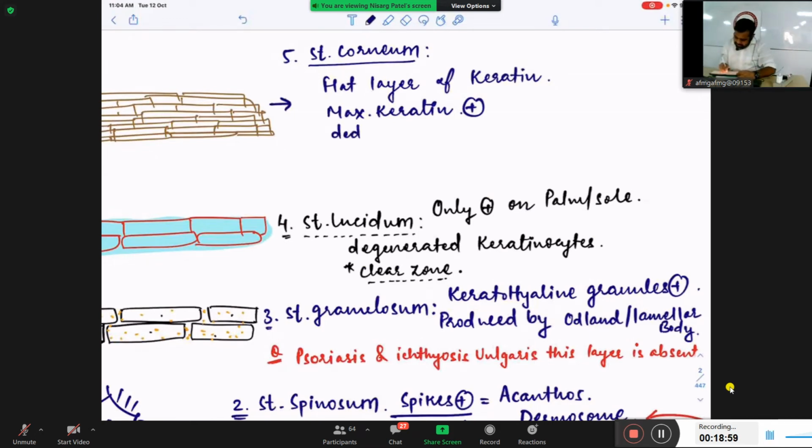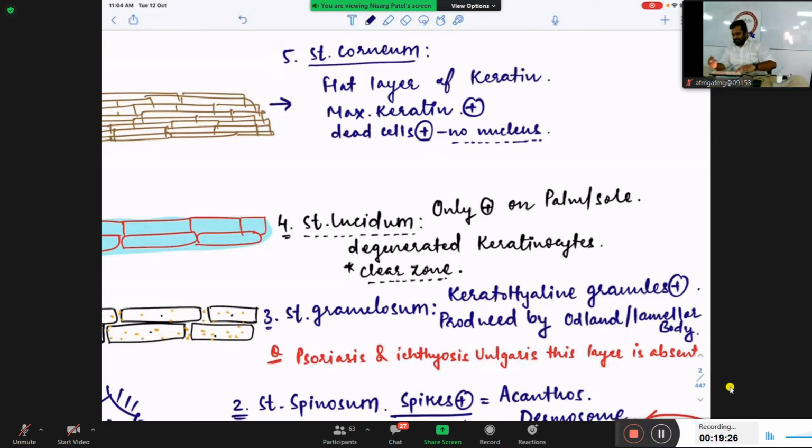These cells are dead cells because they do not have a nucleus. No nucleus. If you see a nucleus, it is abnormal. Okay? If you see a nucleus, it is abnormal.